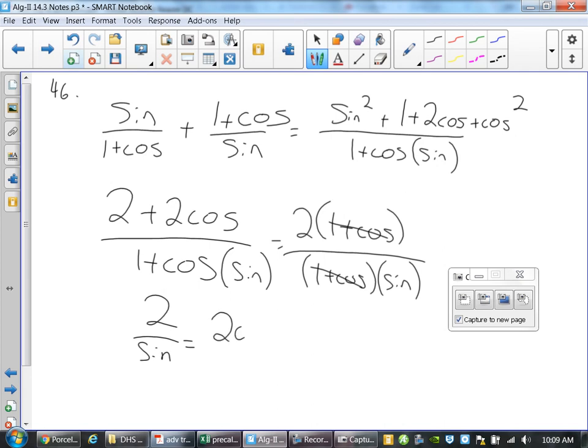Very good. Over sine, multiply, bring it up, comes cosine again.